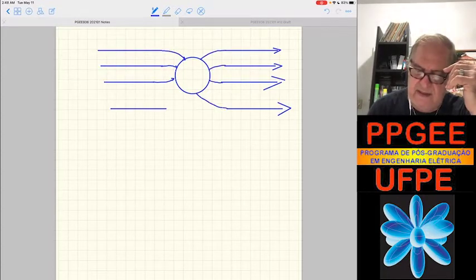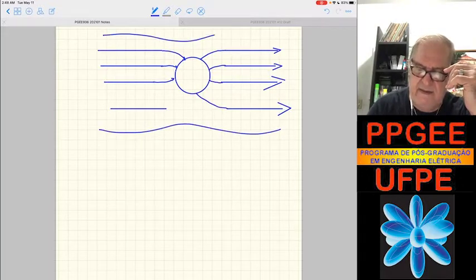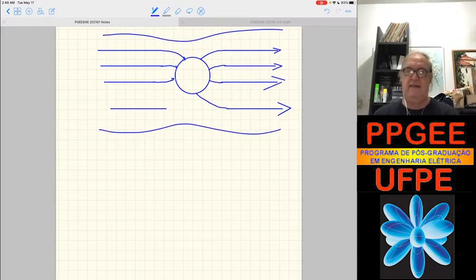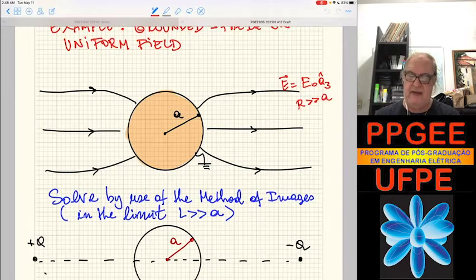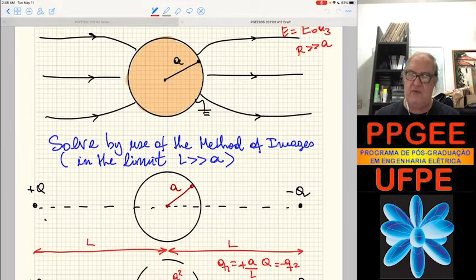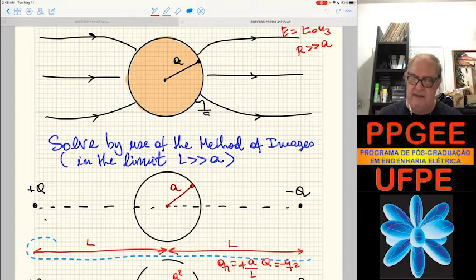So this is a problem to be solved. The problem can be modeled by assuming that we have two point charges very far away, like this: charge minus capital Q and plus capital Q. Let's say that they are 2L apart.